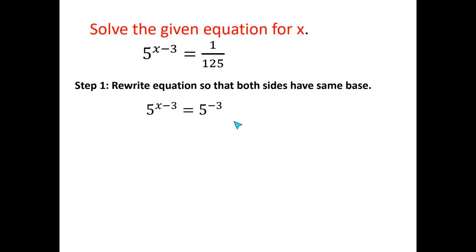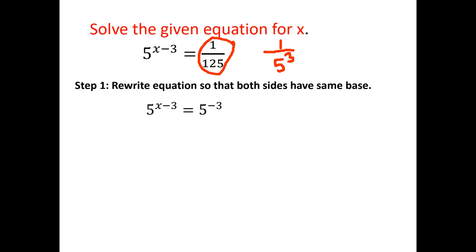So the next one. Again, the way it's written, we cannot use the one-to-one property, but you always want to ask yourself, can we manipulate this so that they do have the same base? And so here, let me just write, this right here is the same as 1 divided by 5 cubed.